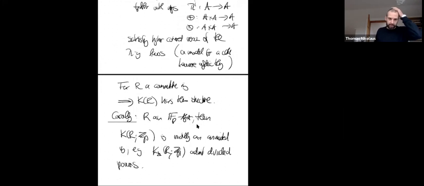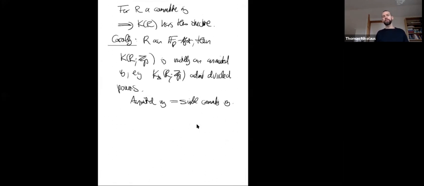Oh, an animated ring. And so I guess Hinich asked what an animated ring is. An animated ring is just a new word for simplicial commutative ring. And the point is that a simplicial commutative ring is a stricter structure than an E-infinity ring spectrum, if you know that.